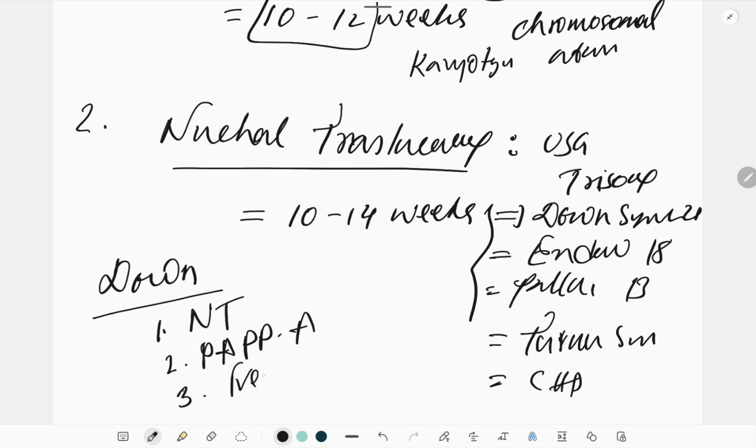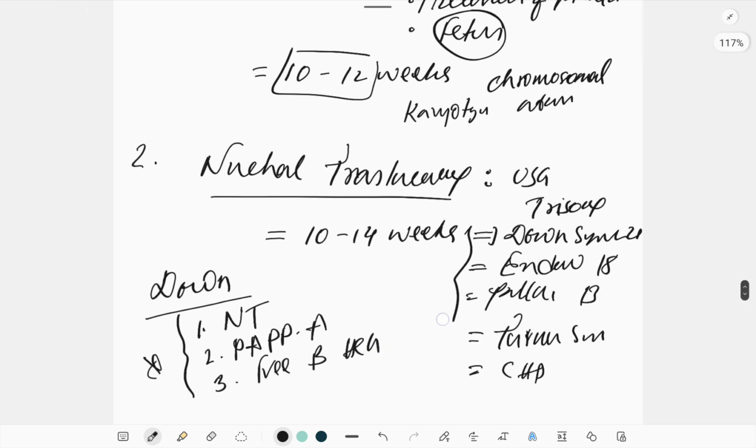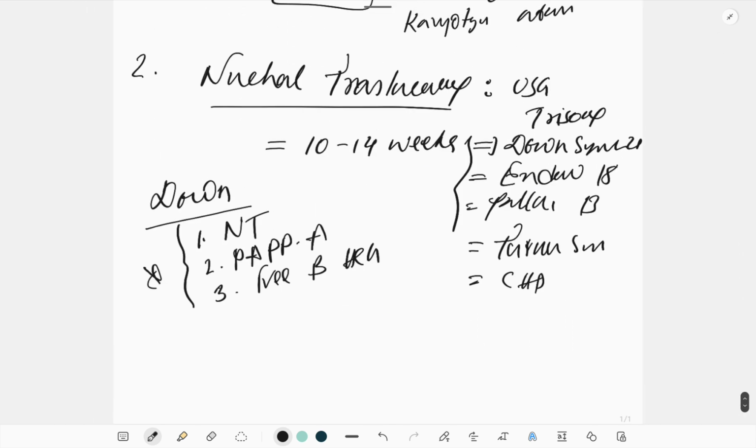These three tests are very important for the prenatal diagnosis of Down syndrome. Mind it. So now we will go for the next test.